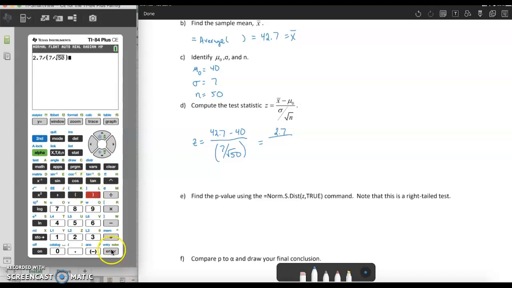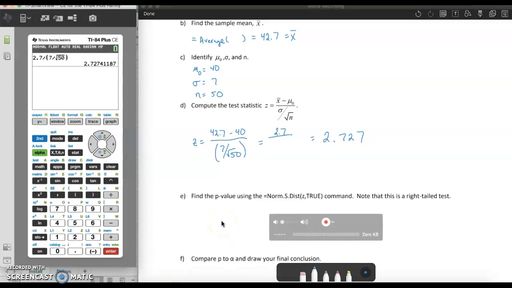Okay, so make sure that you're really dividing by everything that you intend to divide by. It looks like that value is about, I'm going to keep 3 decimal places here, 2.727. Watch for any rounding directions in your questions.